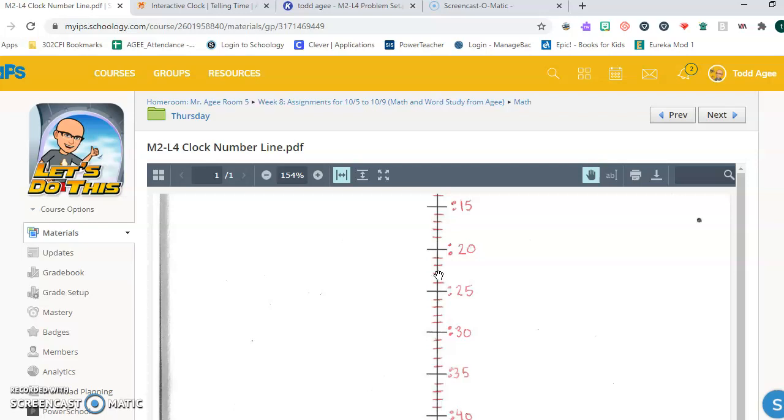I could count the marks individually. So if I'm starting at 23, I go 1, 2, 3, 4, 5, 6, 7, 8, 9, 10, 11, 12, 13, 14, 15, 16, 17, 18, 19, and right here is 43.